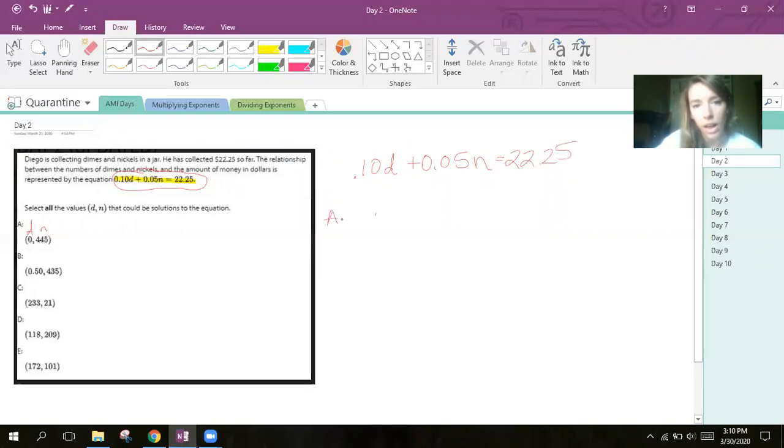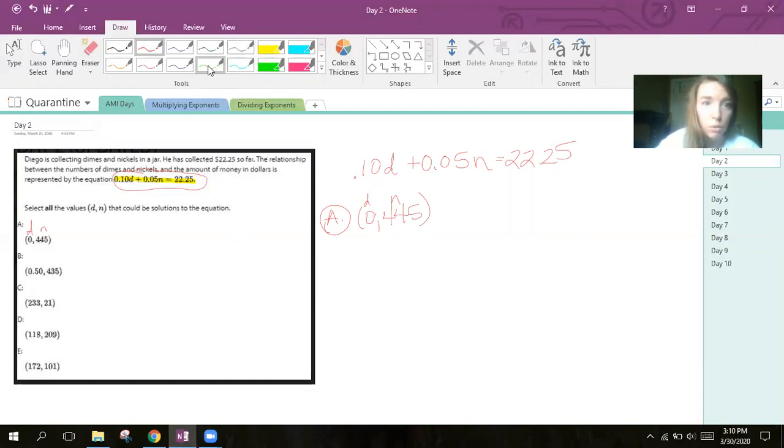Okay, so for part A, our values are 0 and 445. So that's our D and that is our N. So we're just going to take those values. We have an equation, we have a variable. What do we do? We plug it in.